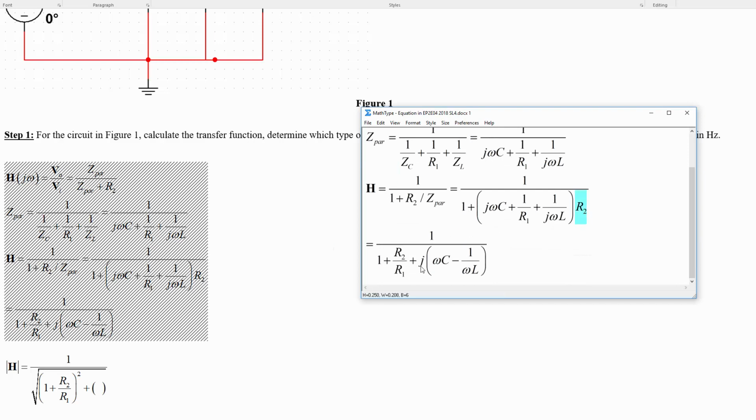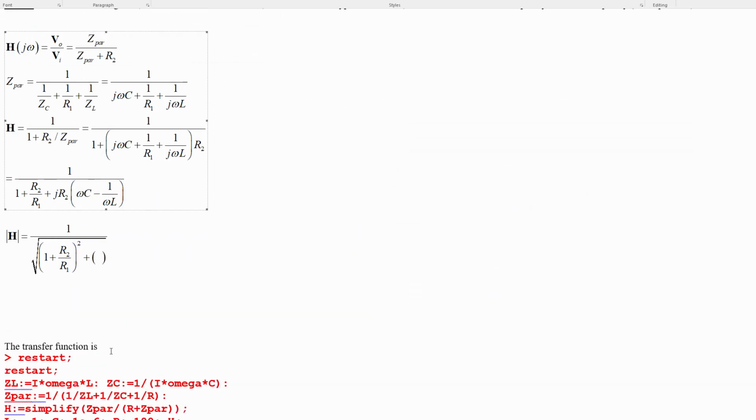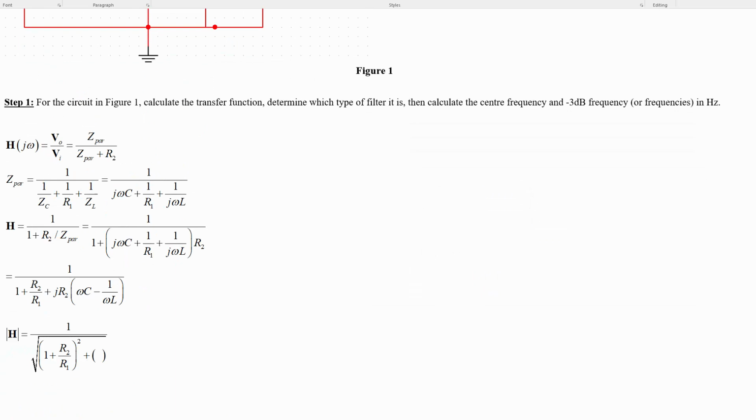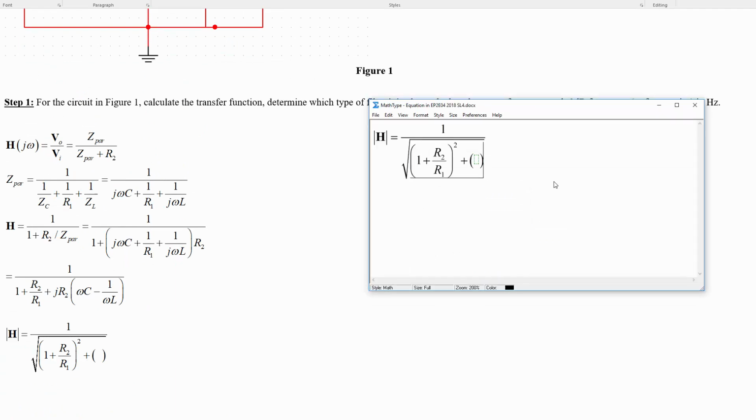Yeah. Sorry, R2. There you go. Okay, so now that R2 is securely back in position, we've got j canceling out as we take the magnitude of this. We've got an R2 multiplied by omega C minus 1 over omega L, all squared.